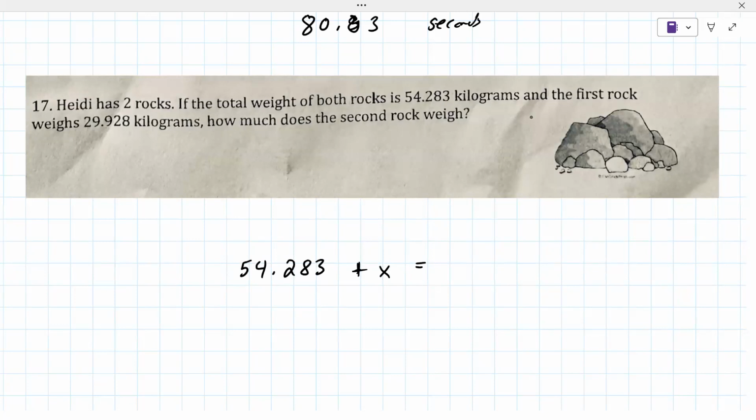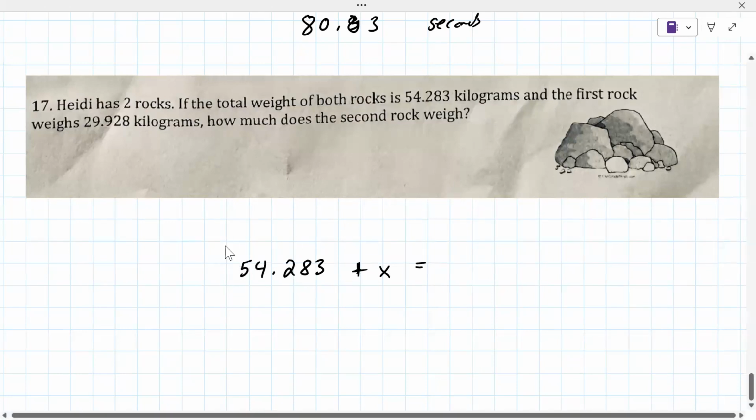But wouldn't it be the other way around? So it'd be 29.928 plus X equals 54.283. So both work, you're right.